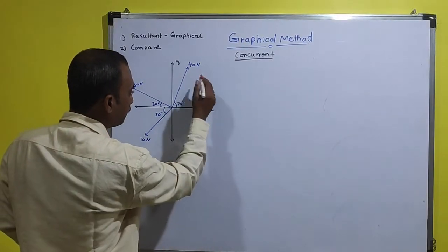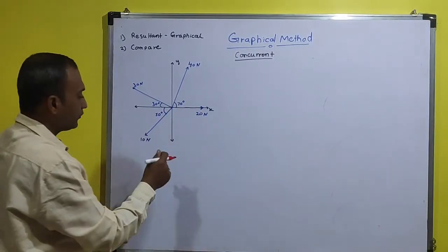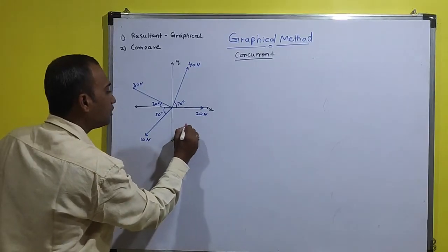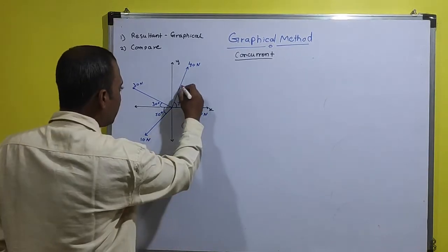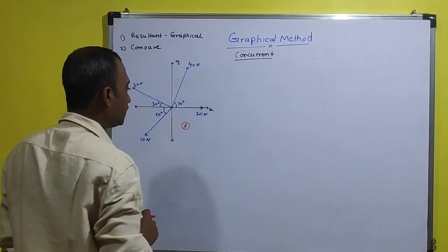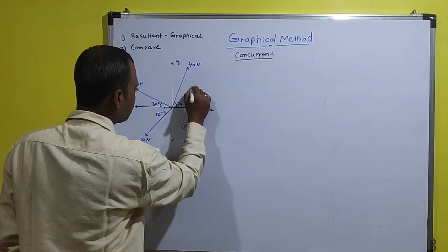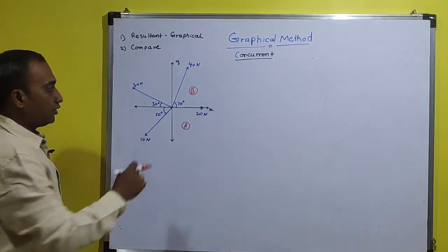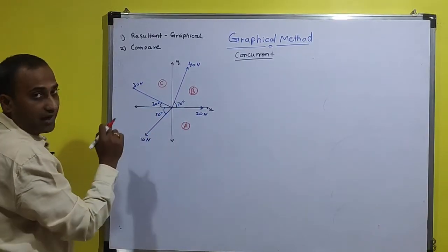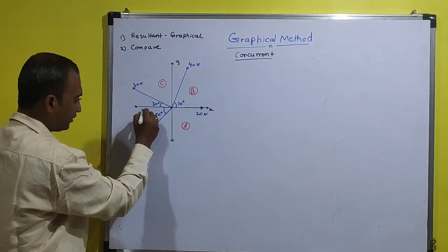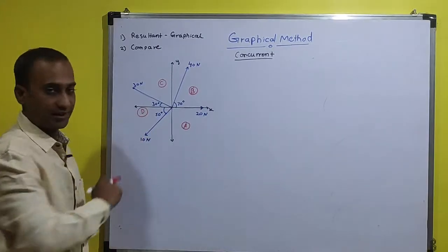So consider the space between forces is A. Consider in anti-clockwise direction between these two forces, the space will be named as A. Then the space between this 40 Newton and 20 Newton will be space B. Then a space between these two forces will be C, and space between this 10 Newton and 30 Newton will be considered as D. So we have given the naming as per the Bow's notation between the spaces.